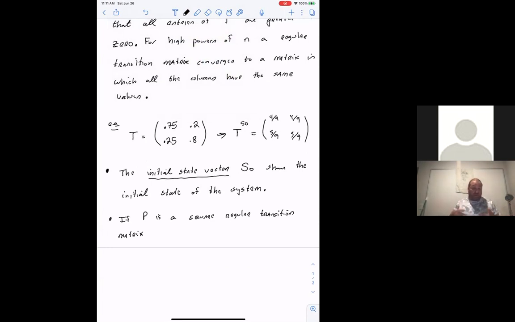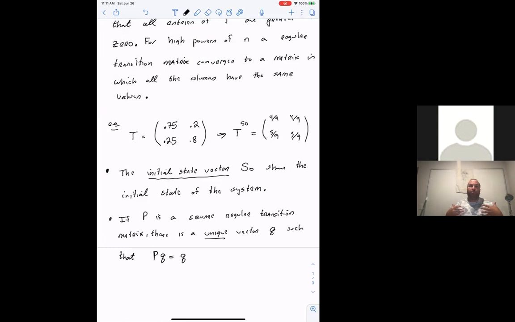It's not wrong to say it, it's just redundant, but if P is a square regular transition matrix, there is a unique vector Q such that if you apply the transition matrix to Q, you get Q back.